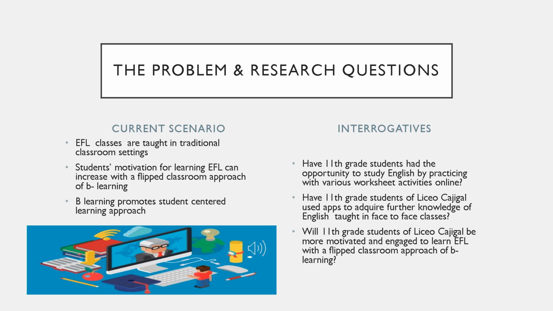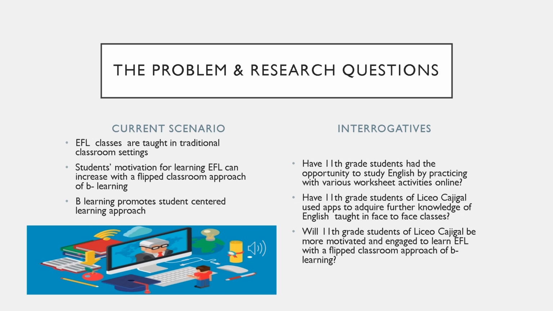So, in an attempt to improve the situation, a flipped classroom approach of blended learning is suggested so that students can study English individually out of classroom hours with online material that the teacher should indicate: online reading material, online videos, online worksheets.